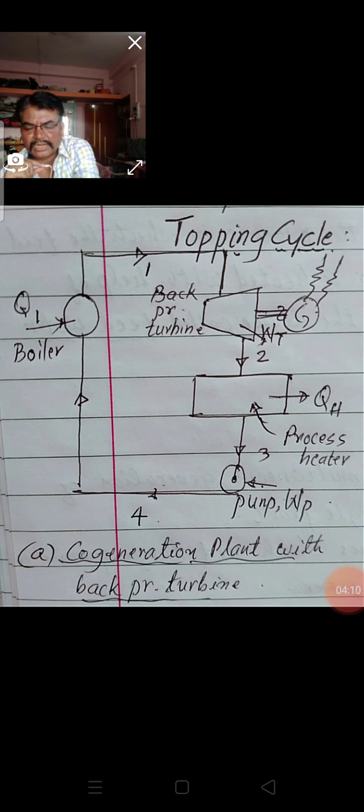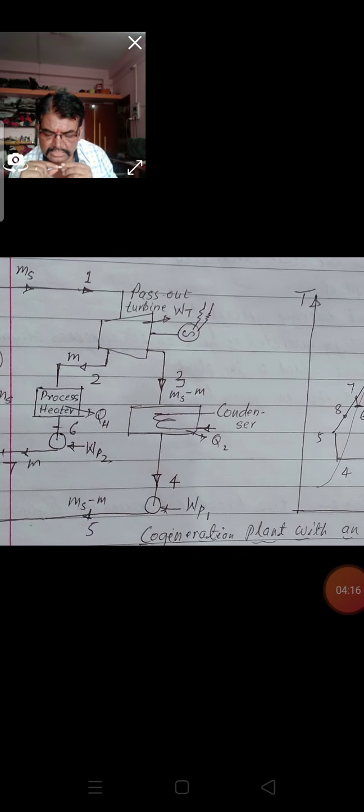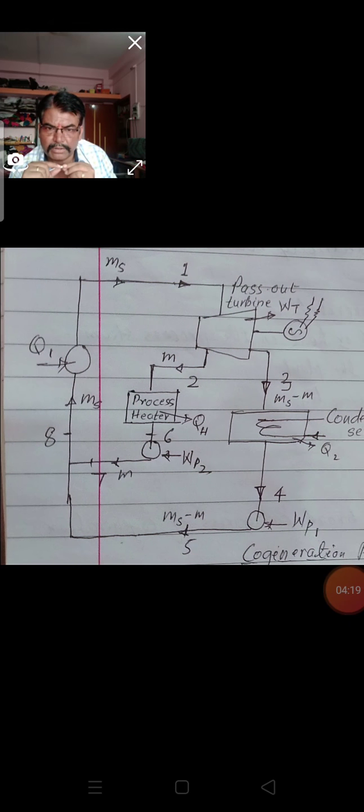Now the next part of this topping cycle is figure B, which shows the cogeneration plant with extraction turbine. In diagram A, we learned what a back pressure turbine is and how it works in the topping cycle.